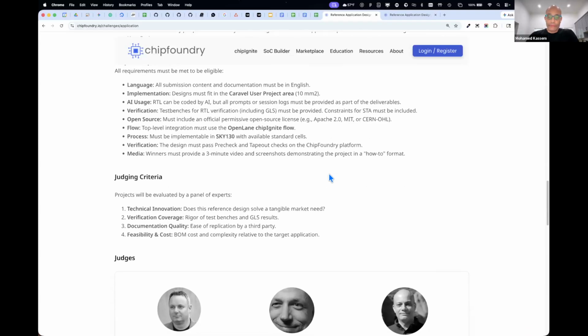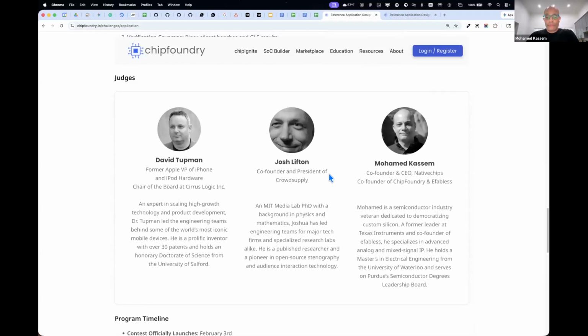And obviously that's the judges for the competition. I'm going to speak the least about myself, because I'm passionate about open source chips and also open source products. Now we'll be joined by Josh Lifton, the co-founder and president of Crowd Supply. For those who don't know, Crowd Supply is an amazing crowdfunding platform for open source hardware.